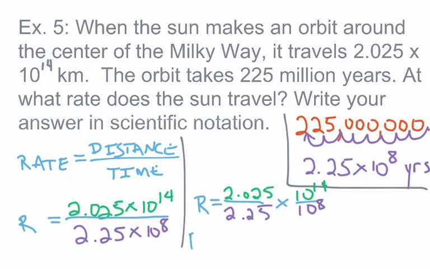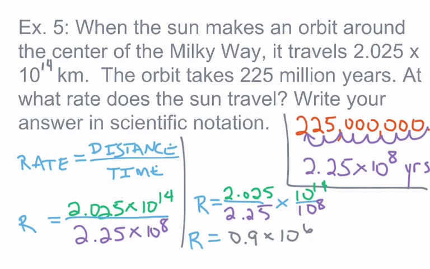And now when I do that, I get R is equal to 2.025 divided by 2.25 is actually 0.9, and then times 10, 14 minus 8 is going to give us 6.